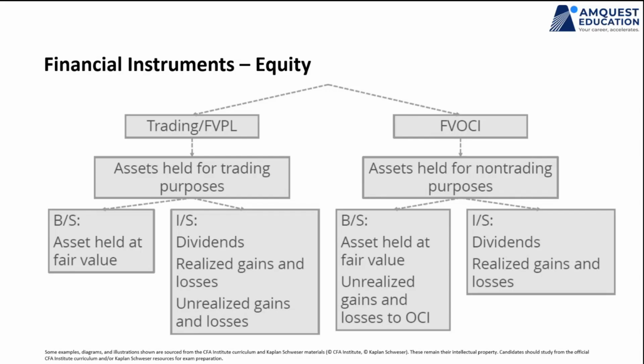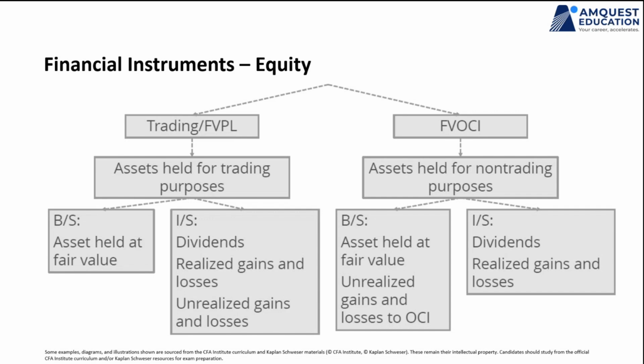Now, trading securities are held for trading purposes. Impact on balance sheet, held at fair value. Impact on income statement, dividends, realized gains and losses, unrealized gains and losses. Because you have held it for trading, you are allowed to record it into income statement.